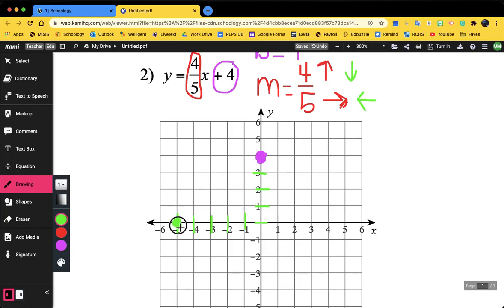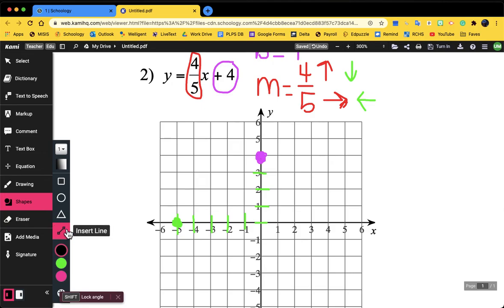There you go. And then I'm going to go to Shapes again, and I'm going to click on Insert Line, and I'm going to put a point here on my green, and I'm going to click and drag all the way through the purple, pink, I don't know, what color is that?